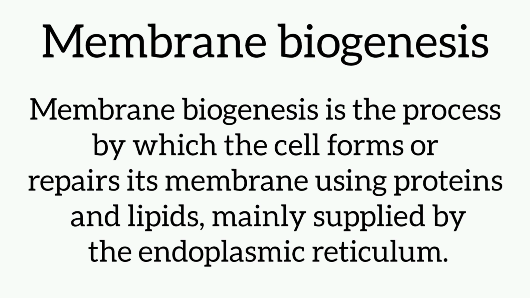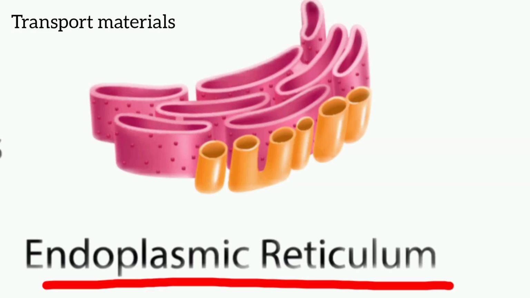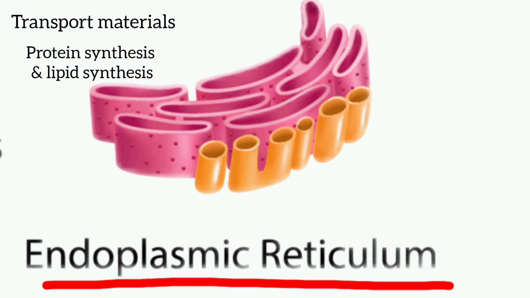So we can say membrane biogenesis is the process by which the cell forms or repairs its membrane using proteins and lipids mainly supplied by the endoplasmic reticulum. This is one more reason why the endoplasmic reticulum is such an important organelle. It not only transports materials but also helps in building parts of the cell itself.